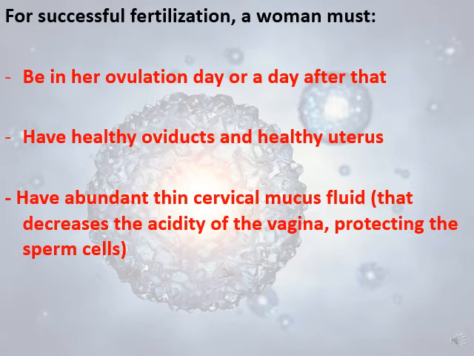So the woman must be in her ovulation day, should have a healthy oviduct and a healthy uterus, and should have abundant thin cervical mucus, the mucus found at the cervix level that has the important function of decreasing the acidity of the vagina.